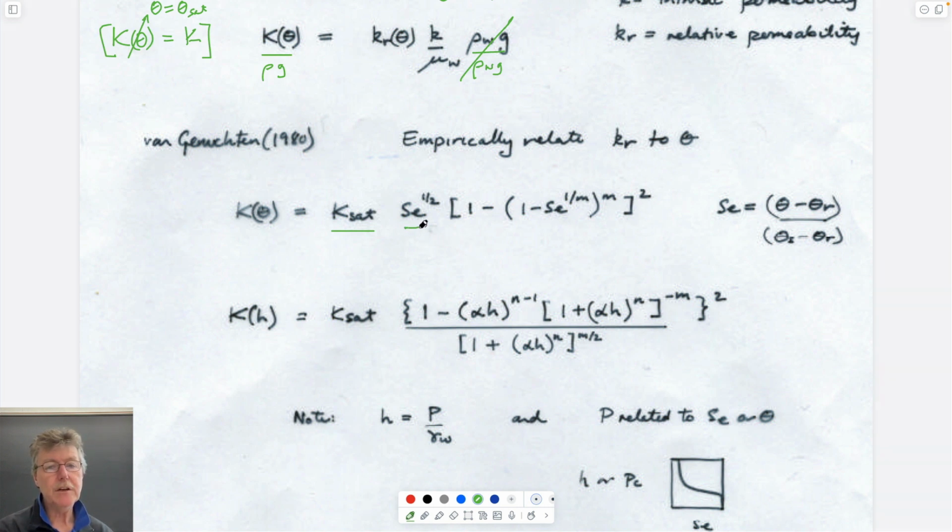If we measure the saturation, then that says exactly where we are. Again, I don't think I'm doing a great job of describing this, but anyway.